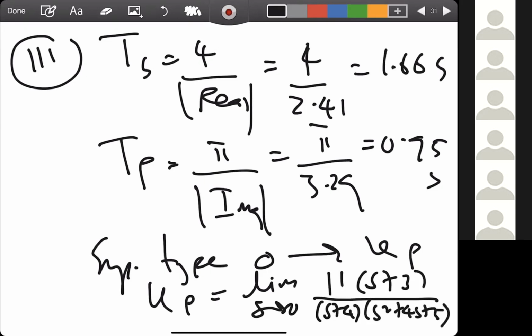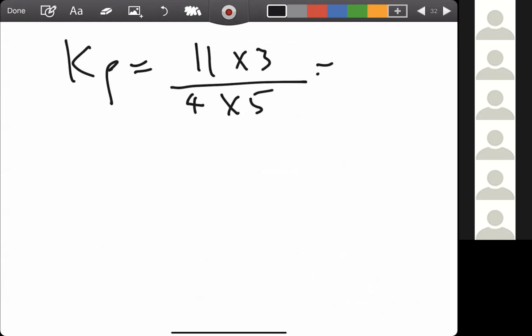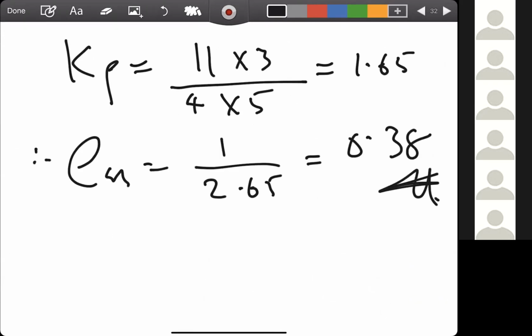So find the Kp value: 11 multiplied by 3, divided by 4 multiplied by 5, gives 1.65.